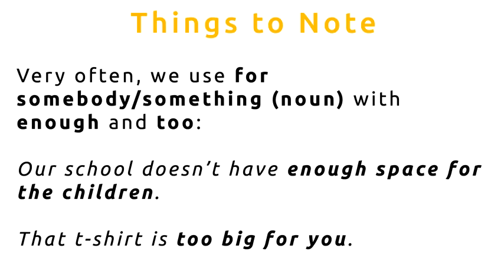So for is talking about who the problem affects. It affects the children. Second example, we're using too. That t-shirt is too big for you. Who does the problem affect? It affects you. That t-shirt is too big for you.